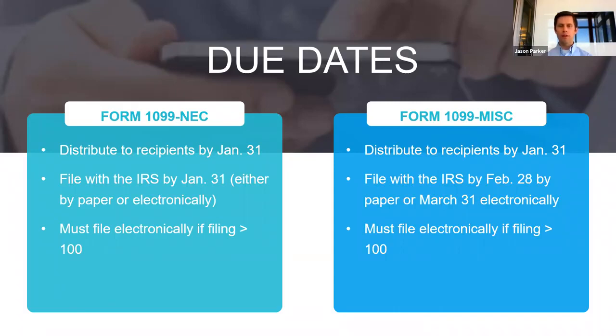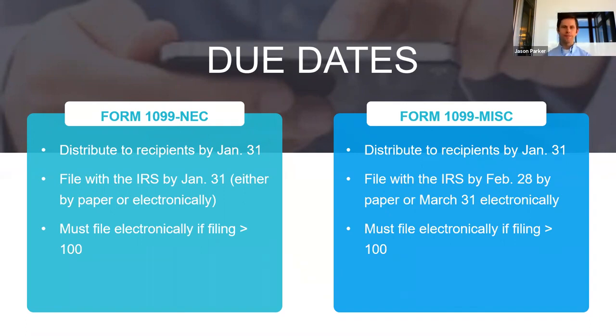But the due date hasn't changed for Form 1099-MISC. You need to file that with the IRS by February 28th if filing by paper, or by March 31st if filing electronically. And for either form, if you are going to be filing more than 100 forms, then you have to file them electronically.